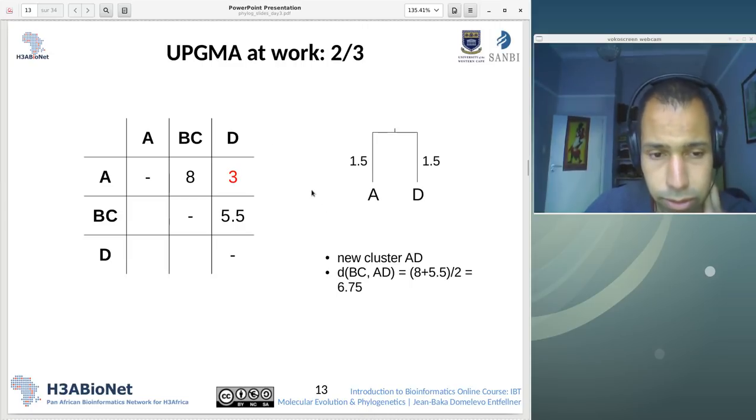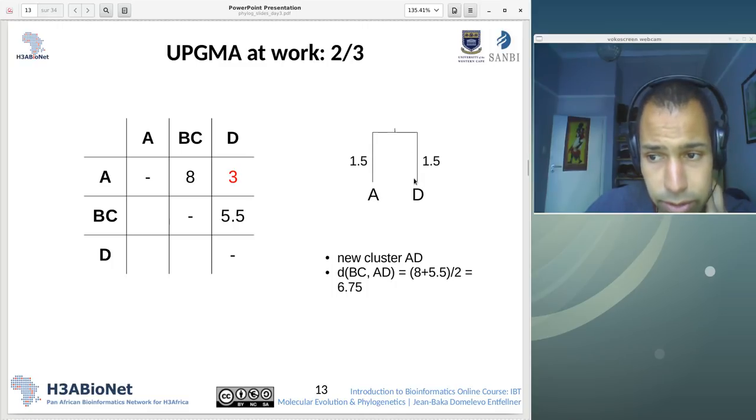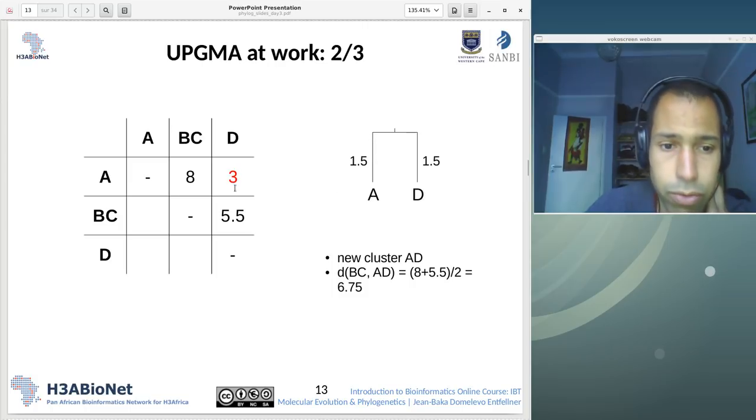Now A is at distance 3 to D, so you try and do your best to respect this, and in fact it's always possible when you have just two taxa to respect the patristic distance. So from A to D you have distance 3, so this node is at height 1.5, okay? New cluster AD.